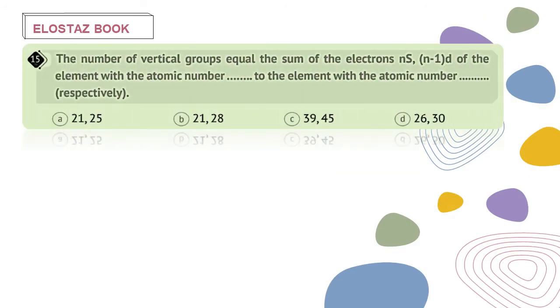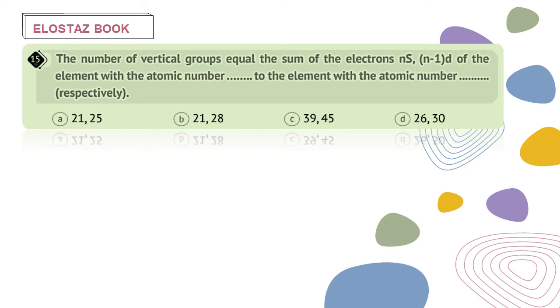Question 15 says: the number of vertical groups equals the number of electrons in ns and n minus 1 d of the element with the atomic number what, to the element with the atomic number what, respectively.